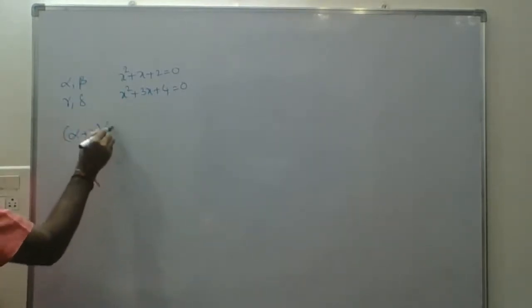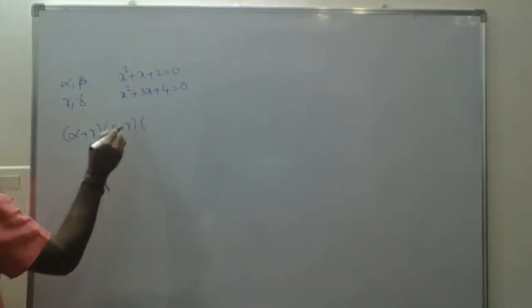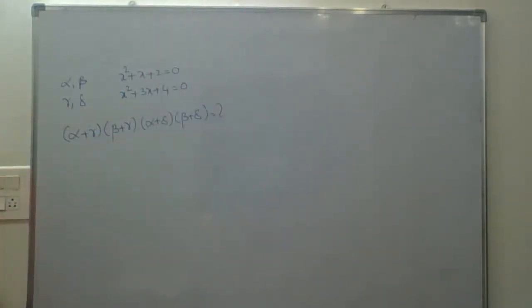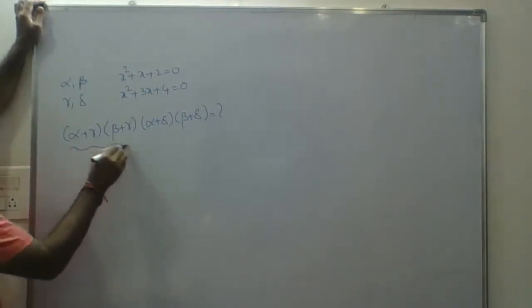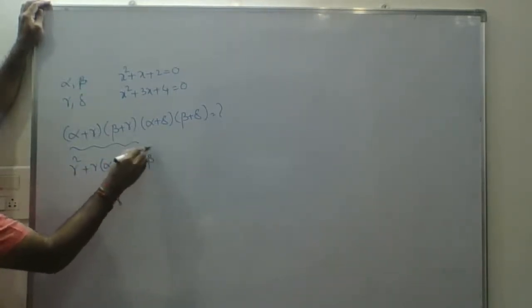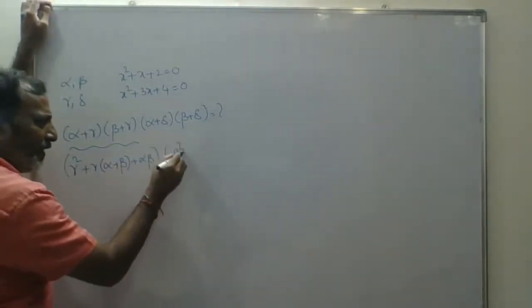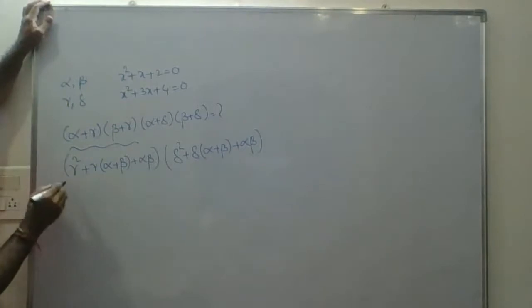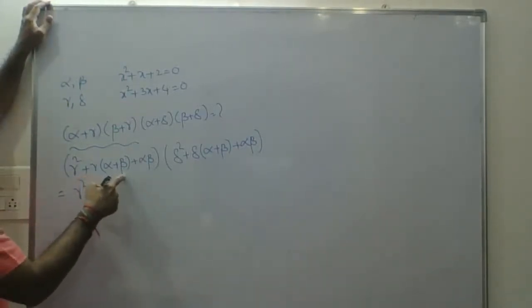(alpha plus gamma)(beta plus gamma)(alpha plus delta)(beta plus delta) is equal to ___. Suppose we multiply these two: what do we get? Gamma square plus gamma into (alpha plus beta) plus alpha beta. Here, delta square plus delta into (alpha plus beta) plus alpha beta. See, alpha and beta are the roots of the first equation.